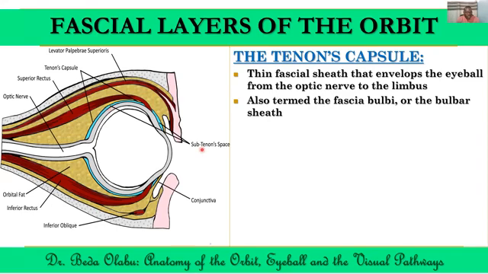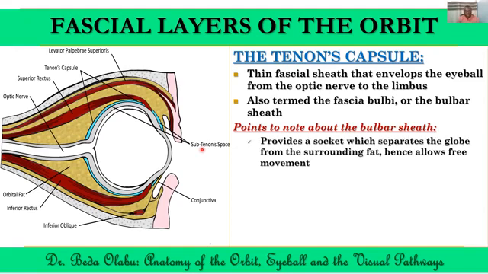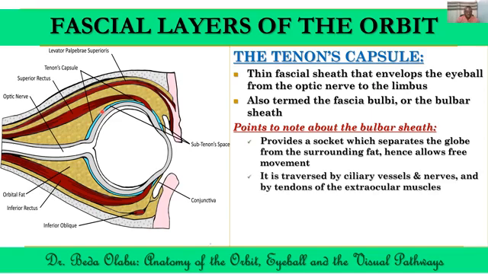And that space, we call the subtenon space. Now, points to note is that this fascia provides a socket which separates the globe from the surrounding fat. Because of that, it allows free movement of the eye. So even though the fat is not moving, the eye can move within that particular socket.